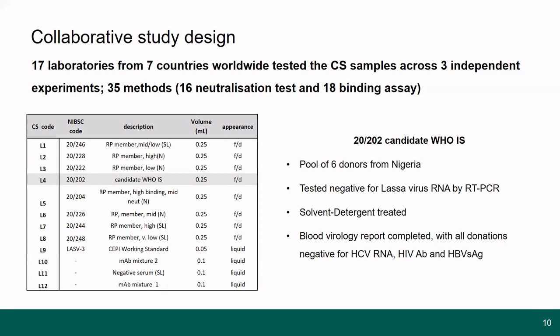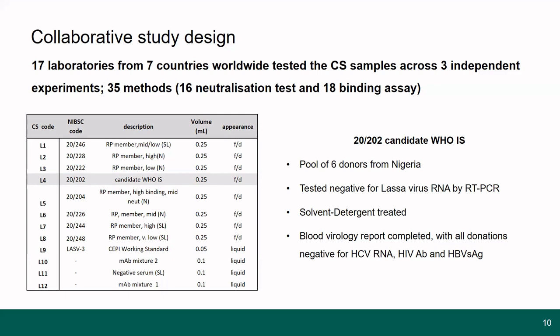Then in-house, we further treated the sample with solvent detergent to eliminate any other potential enveloped viruses. We also tested for the usual blood-borne pathogen markers like HCV, HIV, and hepatitis B. And we tested alongside other samples.